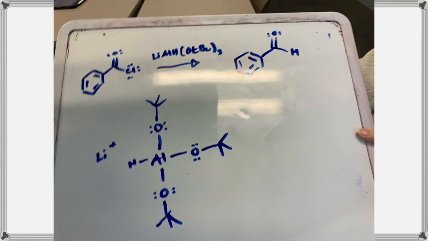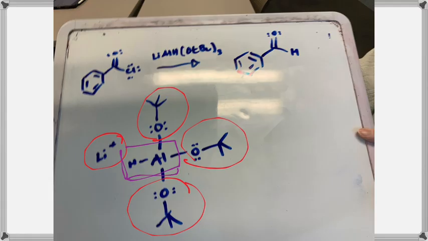Okay? Again, how many of these are there? Modify any one of those R groups or the lithium, and you can change the specificity to target a different functional group. So as many functional groups as you can list, there's a reagent that will target it. What I want you to be familiar with is recognizing where the core chemistry is. The core chemistry is that aluminum hydride or the borohydride.